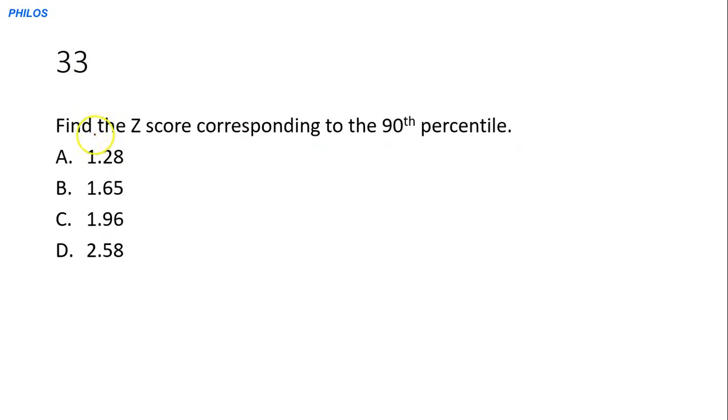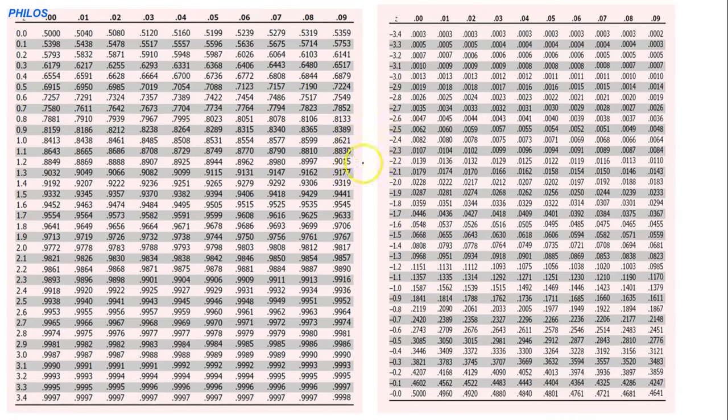Question 33 says, find the z-score corresponding to the 90th percentile. So what they mean by this is, this place means 90th percentile. So 90 over 100 gives you 0.9000. So we go and check for 0.9000 on the z table to get a z-score. We have the area already, so we want to find a z-score. So we look at the middle. Okay, so 0.9000.